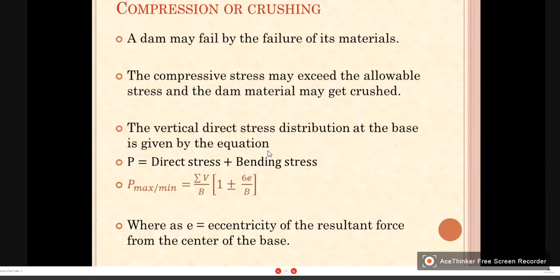The vertical direct stress distribution at the base is given by direct stress plus bending stress, which means the maximum or minimum stress is sigma v by b into 1 plus or minus 6e by b. Here e is the eccentricity, b is the base width, and sigma v is the vertical forces, whereas e is the eccentricity of the resultant force from the center of the base.